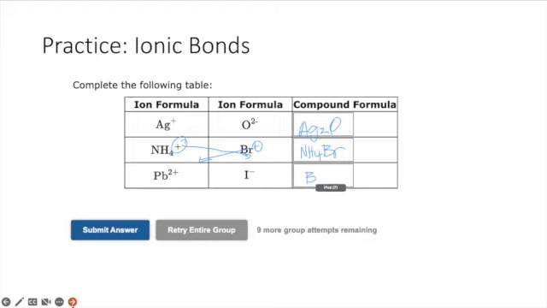Looking at lead iodide, I'm going to give him a subscript of 1. We're going to omit that since it's 1. And the I in iodide will give him a subscript of 2. Okay.